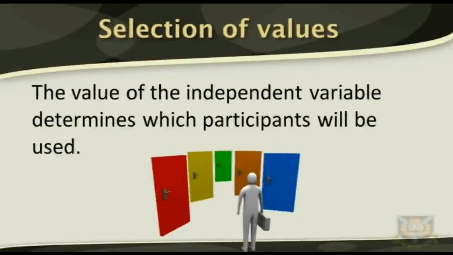The value of the independent variable determines which participants will be used. It is apparent that in independent variable control by selection of values as they already exist in participants, the participants are not randomly assigned to groups. This is a critical shortcoming of this method of systematic observation.